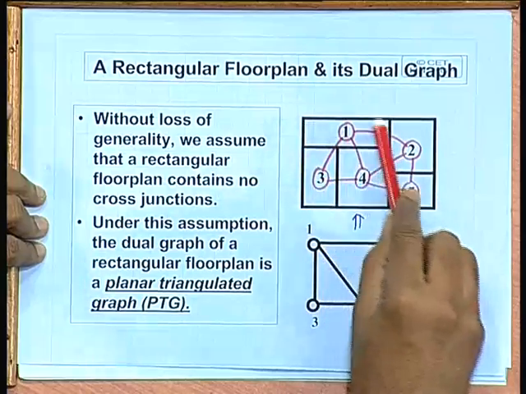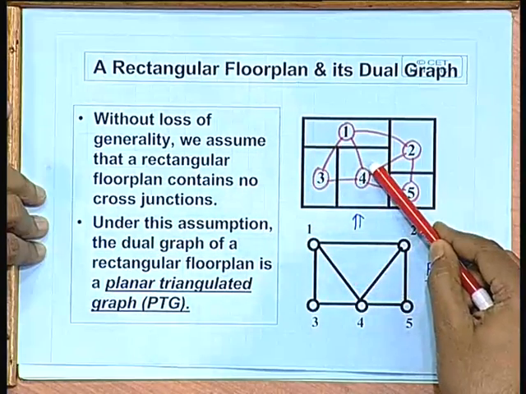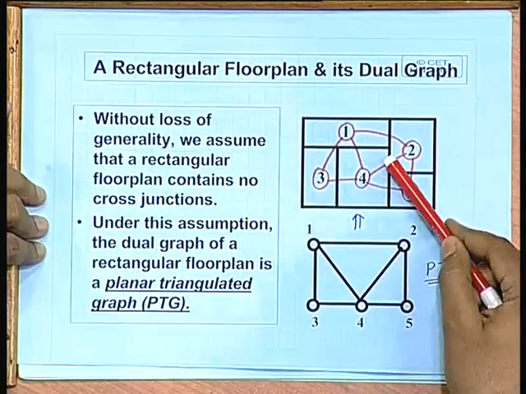So, from the floor plan you can get this graph very easily. Similarly, from this graph, if you know the sizes of the blocks, you can also go towards the floor plan, and there are algorithms for doing that.